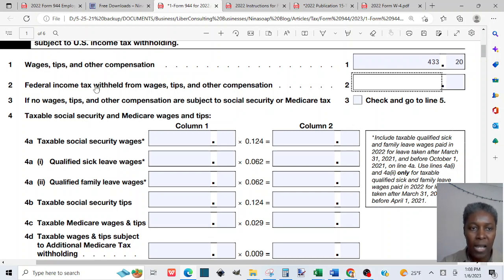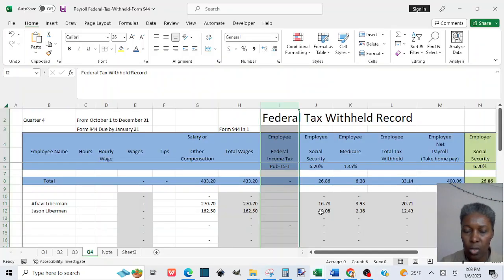And it does not include tips. It's just the wages. So based on the form you are filing, you should design your spreadsheet to be pliable, to be flexible, to allow you to complete your form the way you are supposed to.